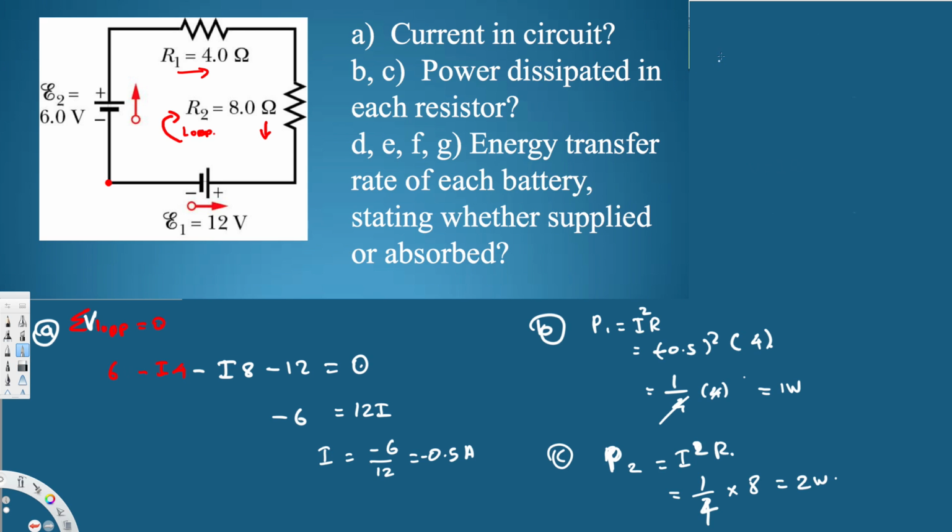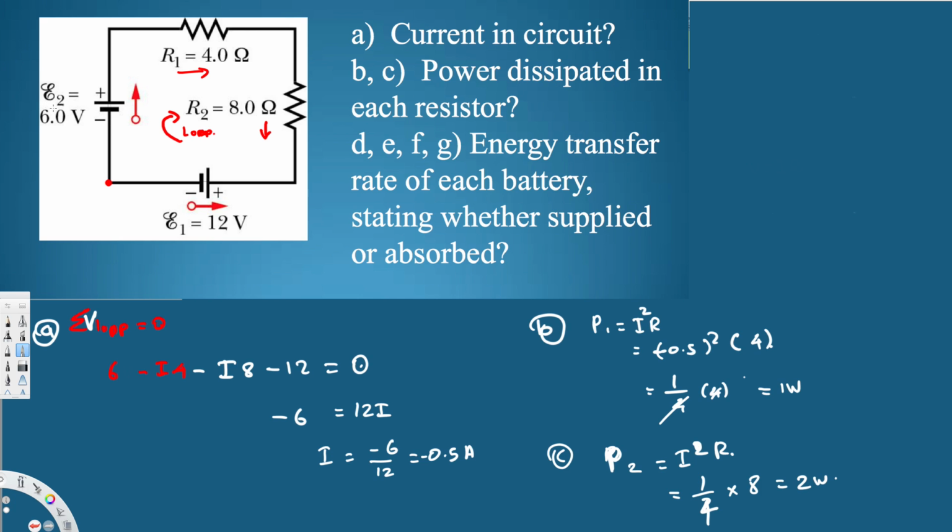Now here we have D, E, F, G. The question asks for the energy transfer rate of each battery, stating whether supplied or absorbed. We assumed the current in this direction, but the current is actually going in the opposite direction. Let's find this first and then account for the direction.